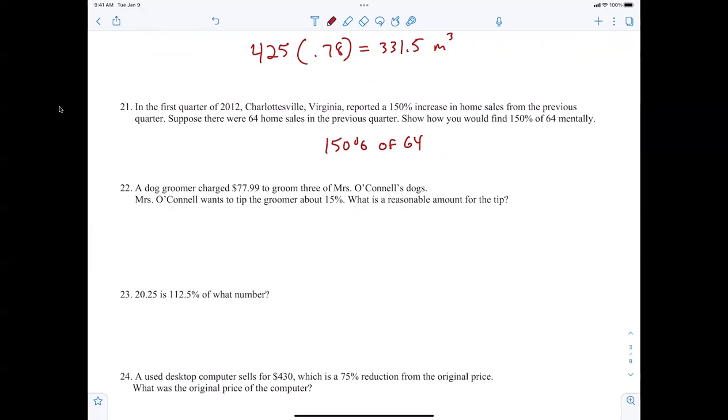I want to know if you were trying to do it mentally, how would you do it? 100% equals 64 and 50% equals what? And then what do I do to find 150%? Yes, and that's what? Yes. That's right, 96.